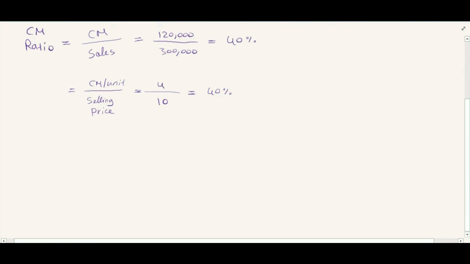Okay, now let's go and talk about the break-even point in terms of units sold. That will equal the fixed expenses divided by the CM per unit.